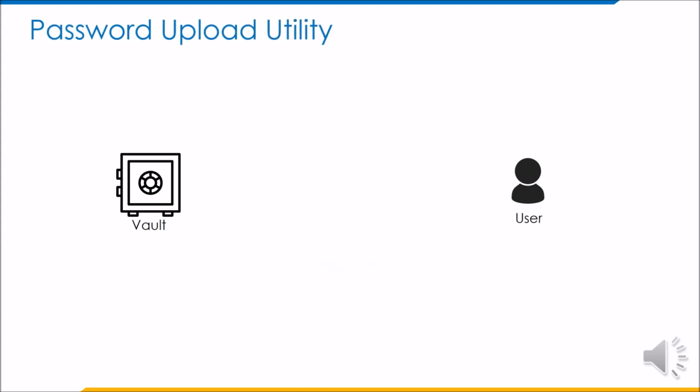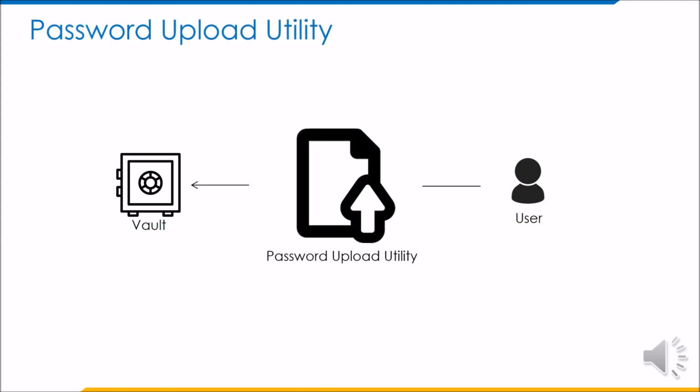The password upload utility can be used to onboard a large number of accounts automatically. When a CSV with the account information is provided, the password upload utility processes the file to find the account information and creates the necessary files on the vault.